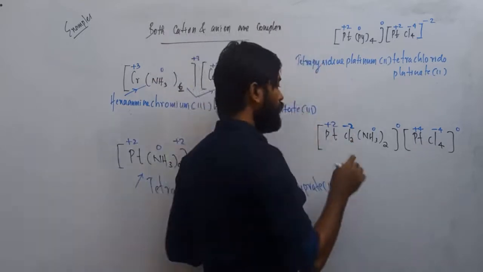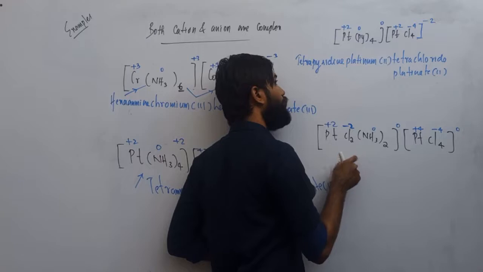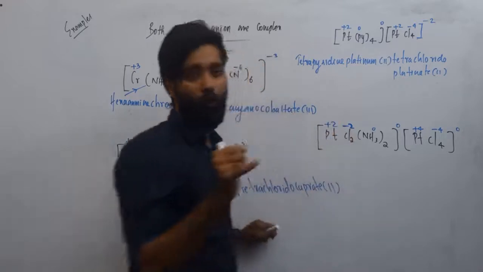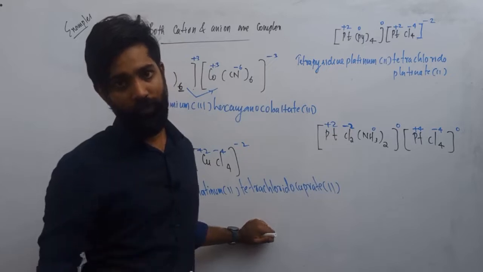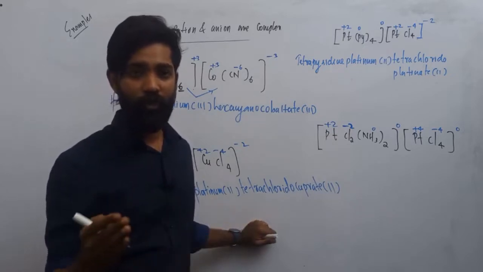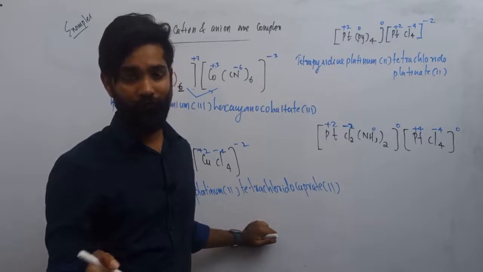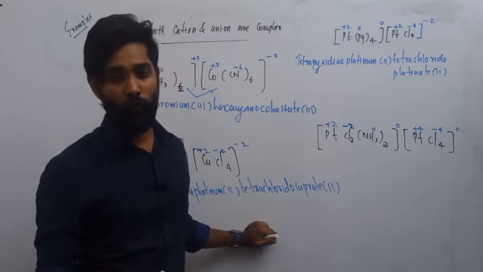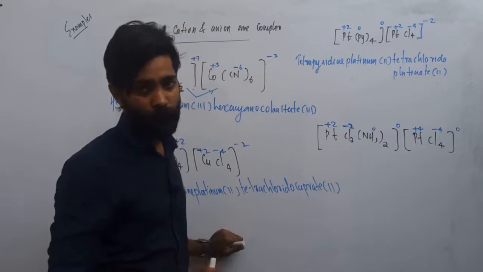So you should know that if the first entity has cobalt or chromium as the central atom and the coordination number is 6, then its charge will be +3. If the coordination number is 4, then in case of cobalt and chromium, the charge will be +2.